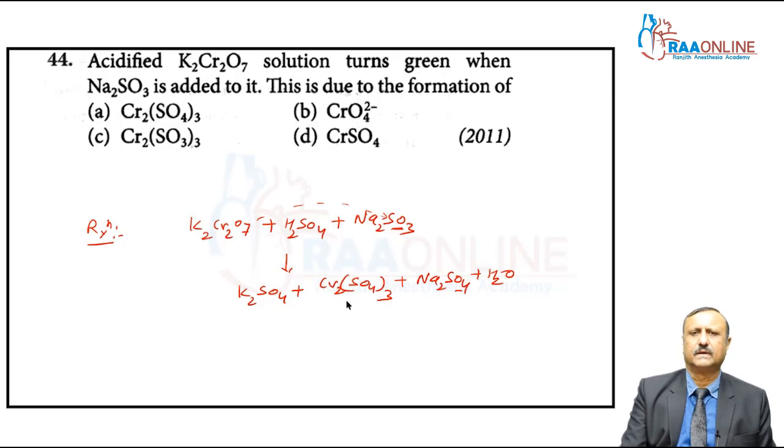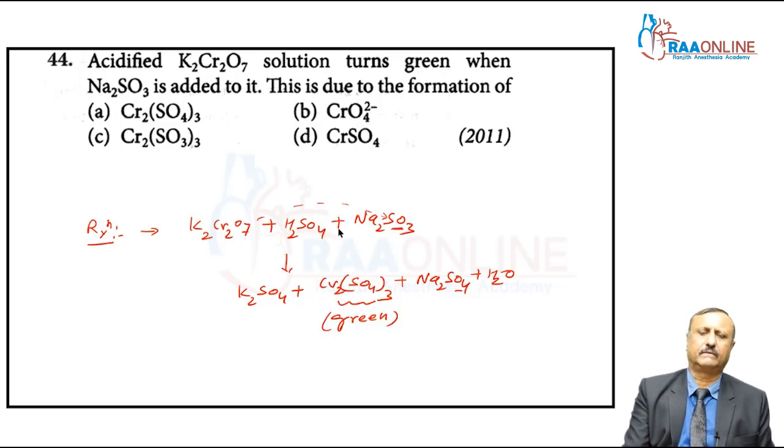Here, my dear students, the green color of the solution is given by this Cr2(SO4)3. And this question was asked in the 2011 NEET exam. If you know the reactions of potassium dichromate, which are given in these videos or my package, you can get all these reactions in my package. I am also repeating these reactions in this crash course, my dear students.